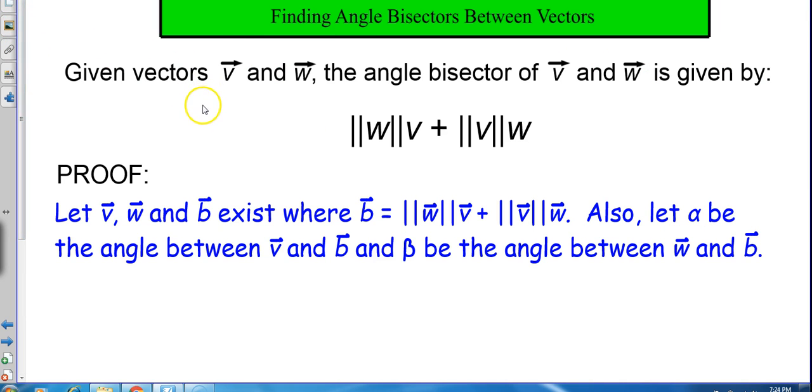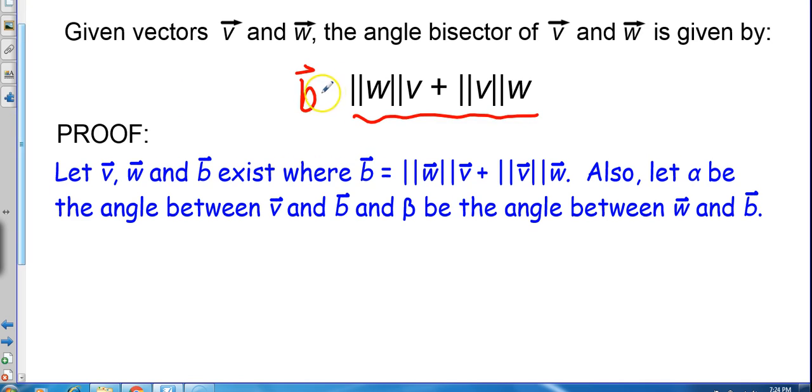So essentially what we're trying to do is we've got this expression for the angle bisector, and that's this guy right here. And we want to prove that it works no matter what vectors we're using here. So given vectors v and w, the angle bisector of v and w is given by this expression, and we're going to define the angle bisector as vector b for our purposes here.